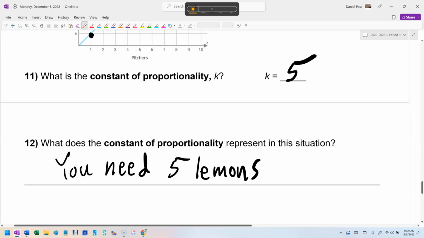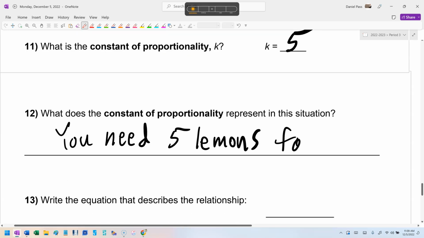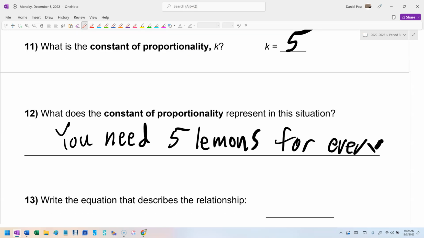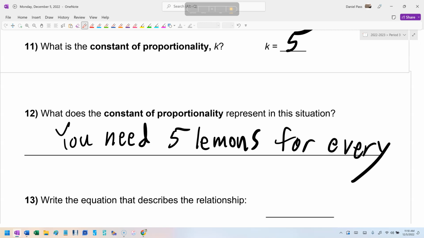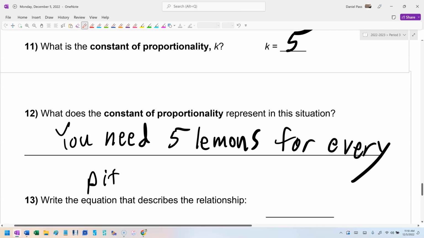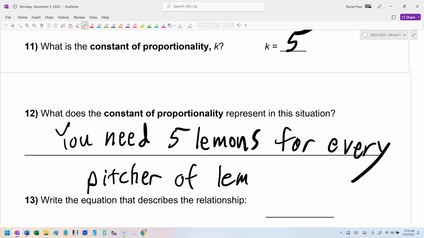Okay, please write this down, everybody. You need 5 lemons for every pitcher of lemonade. All right.